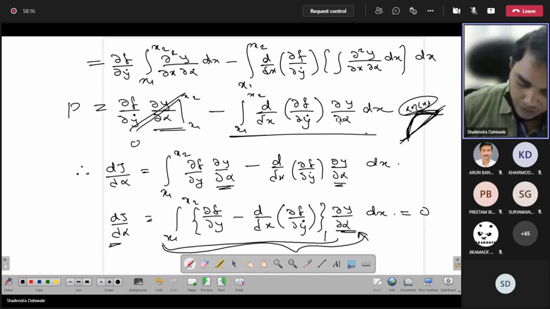So there is one lemma again from the calculus of variation.